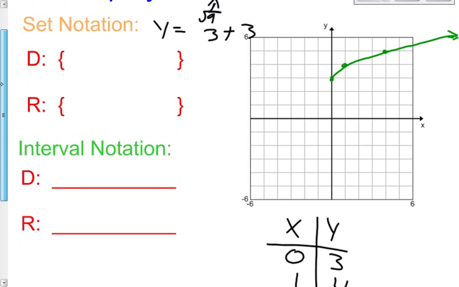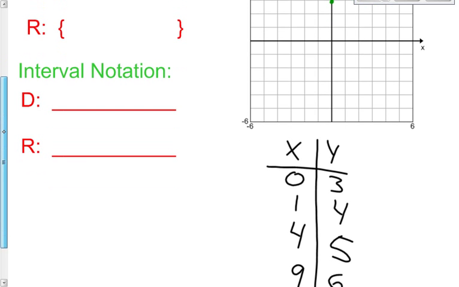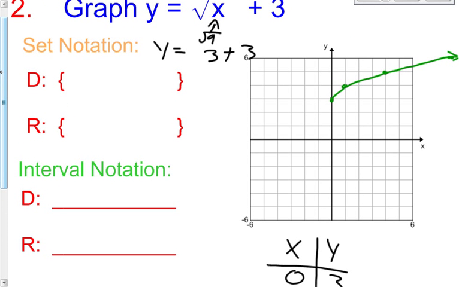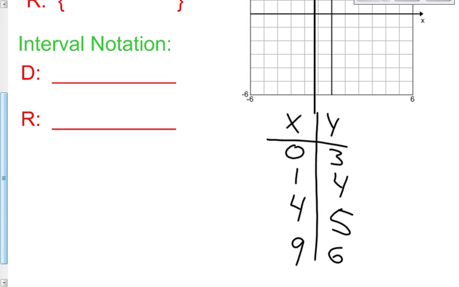Let's talk about the domain and range for interval and set notation. Should have had this line up here earlier. As I go to the right, it starts at 0. And how far does it go to the right? That arrow tells me it goes to positive infinity. So it starts at 0, and it ends all the way at positive infinity.